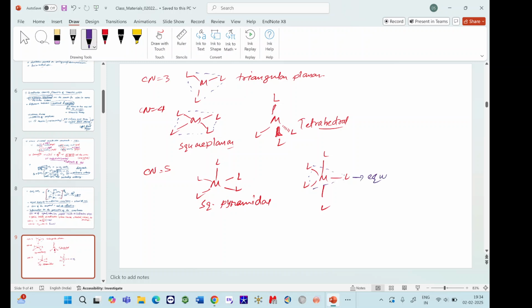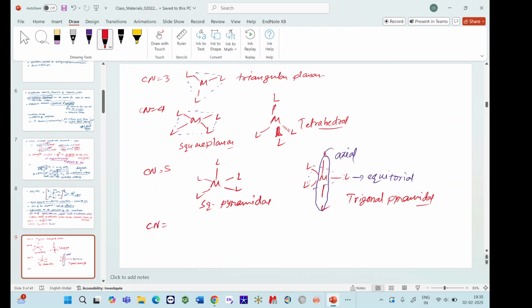It's called equatorial. These are called axial. And this geometry is called trigonal bipyramidal. So at the plane, it is forming a triangle, and then you have two more ligands that are protruding at the top and the bottom. That is why it is called trigonal bipyramidal.